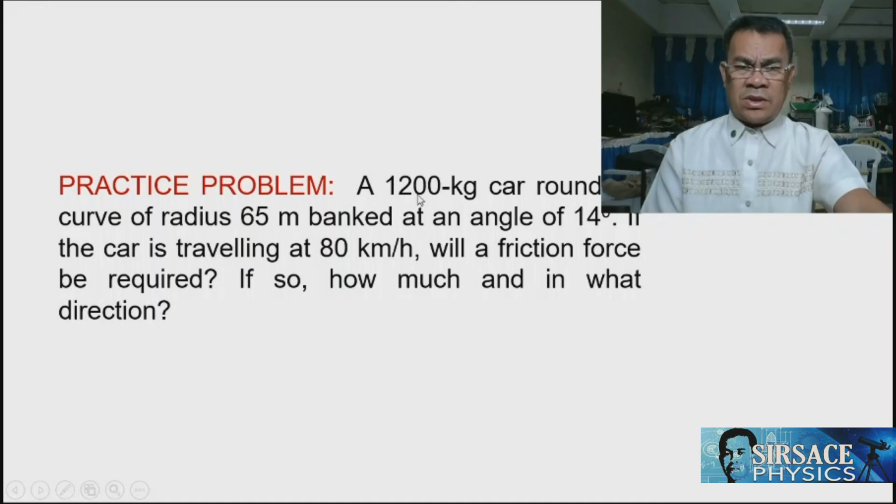We have a 1,200 kilogram car that rounds a curve at a radius of 65 meters and a bank angle of 14 degrees. If the car travels at 80 kilometers per hour, will a friction force be required? If so, how much and in what direction? This is a very nice problem. So, good luck. Solve this. Thank you.